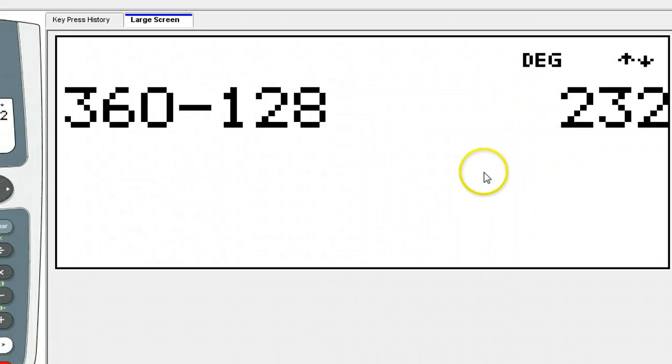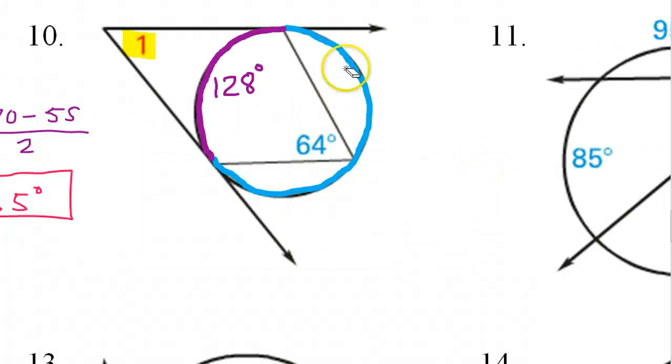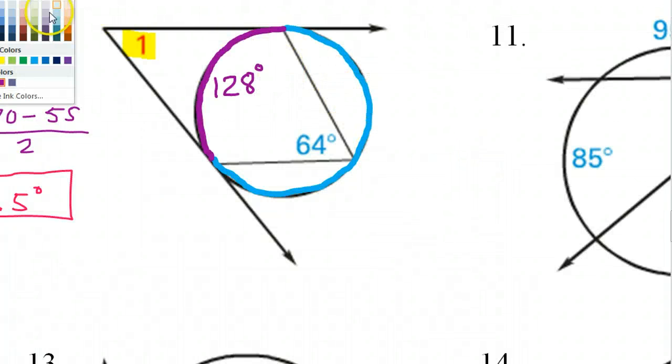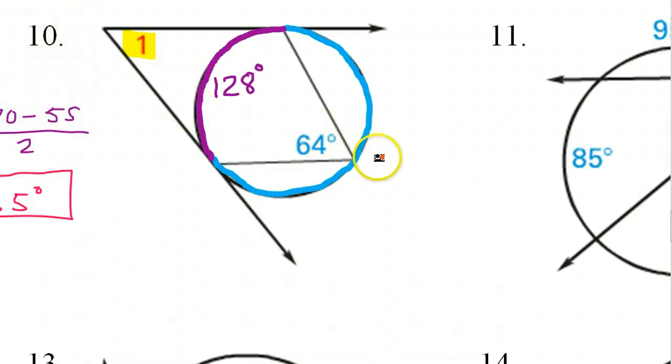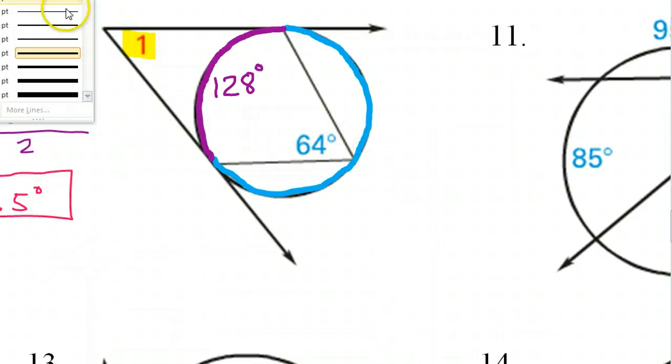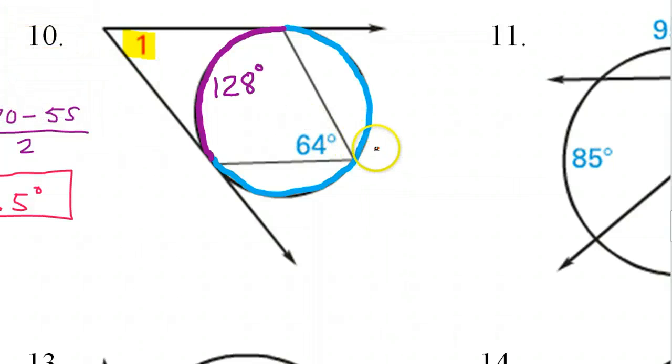That's 232 degrees. So the big arc over there is 232 degrees.